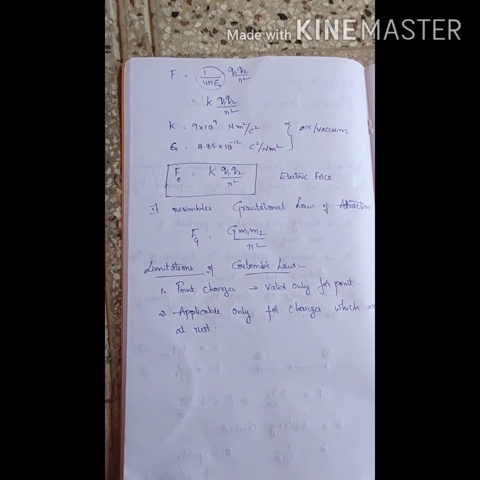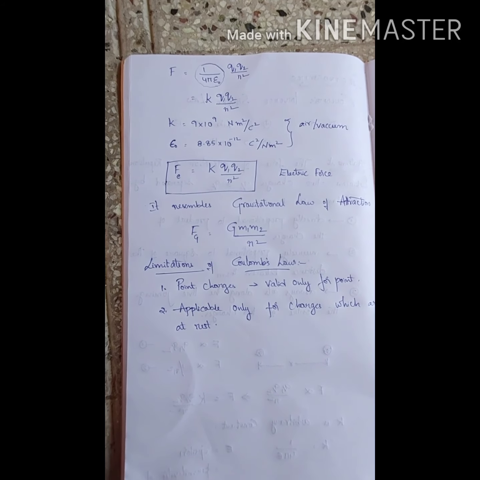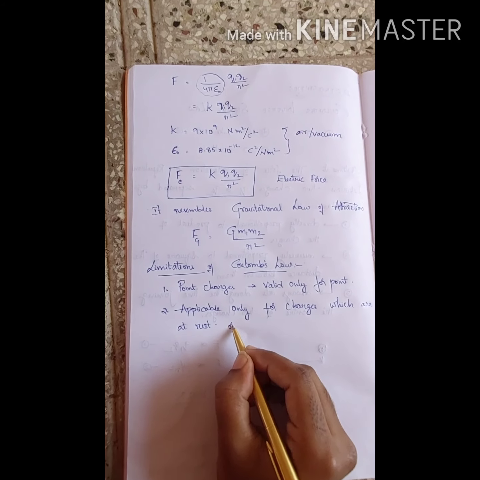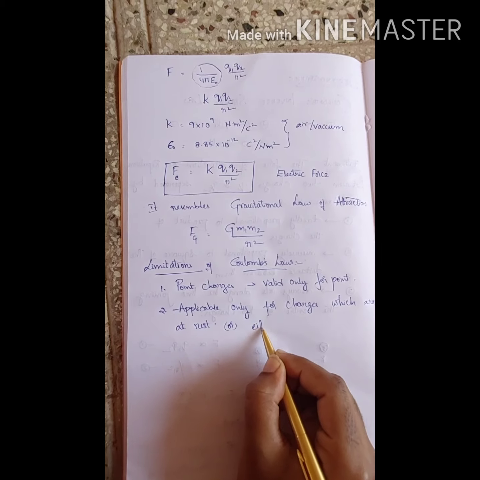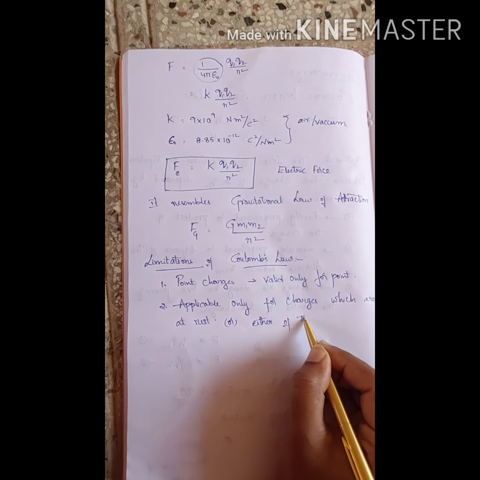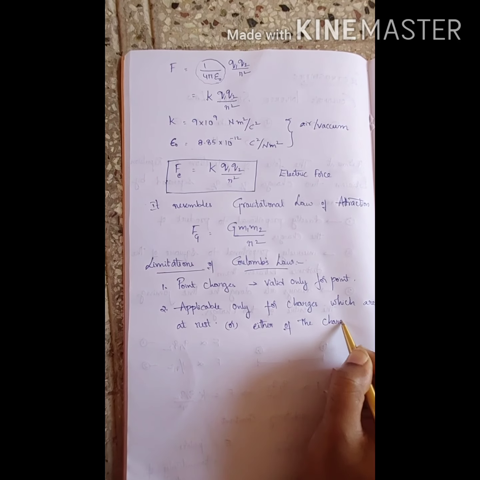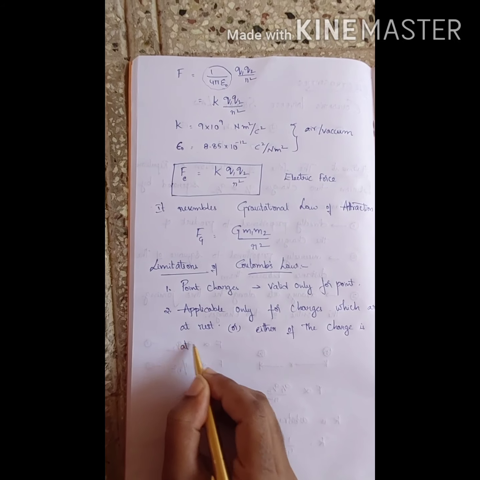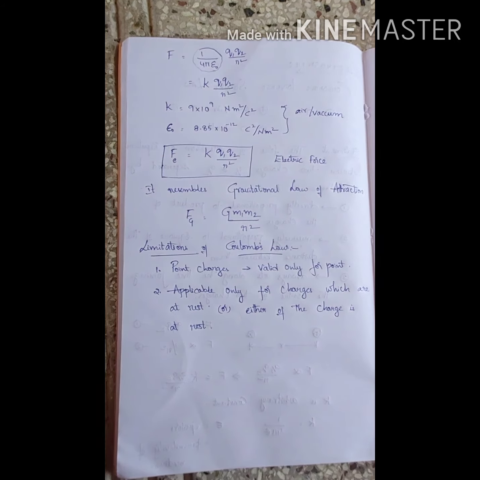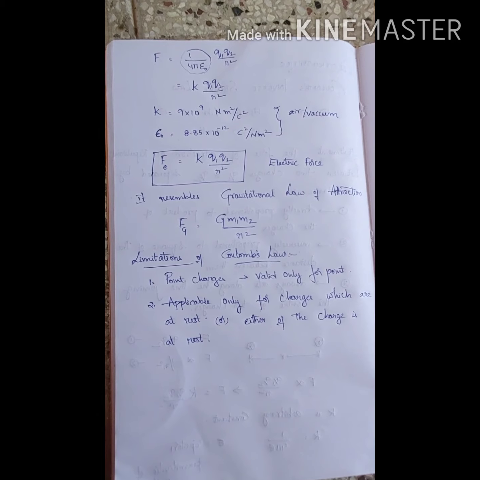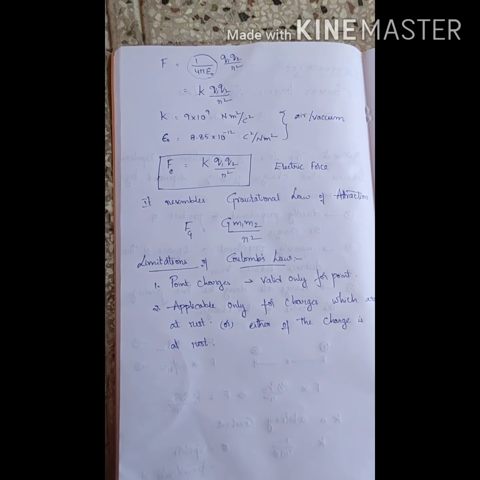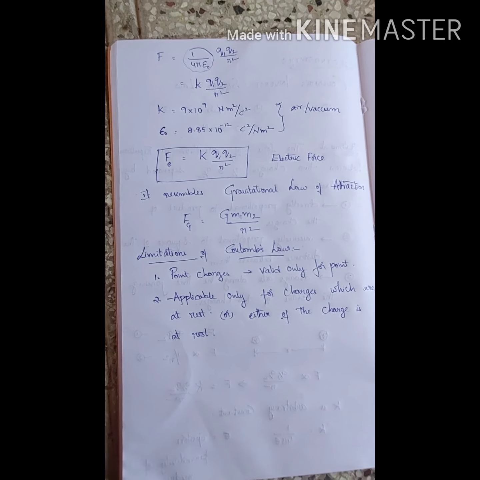So Coulomb's law is applicable only for charges which are at rest, or where either of the charges is at rest, but it can never be applicable to two charges which are both in motion. If both are in motion, then we cannot apply Coulomb's inverse square law.